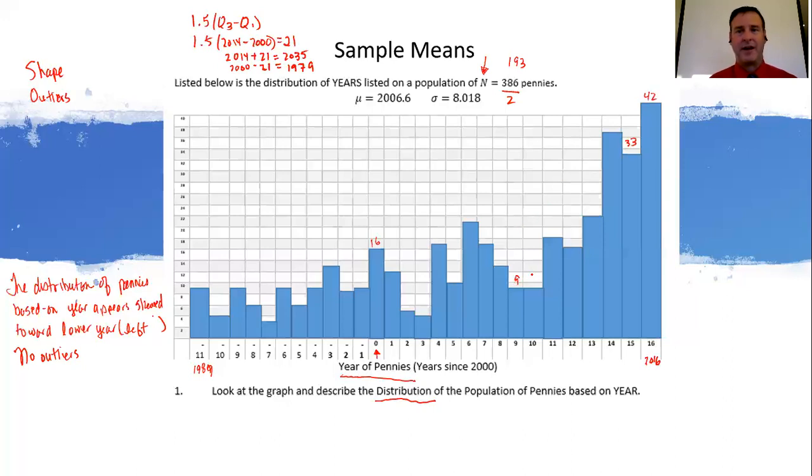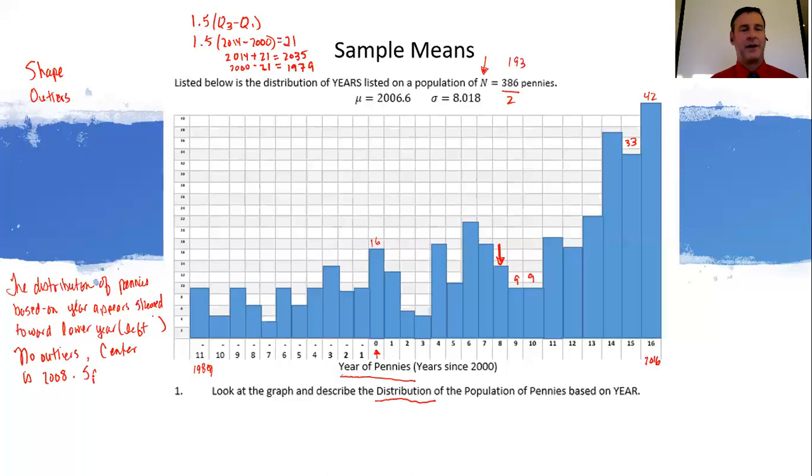Keep going. There's 9 here, there's 9 here. Add up all of these until you get into a column that has the 193 in it. You finally get to it on each side, going from left to right and right to left, under the year 2008. So the center is 2008.